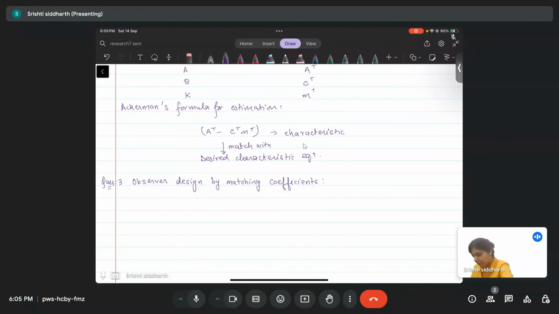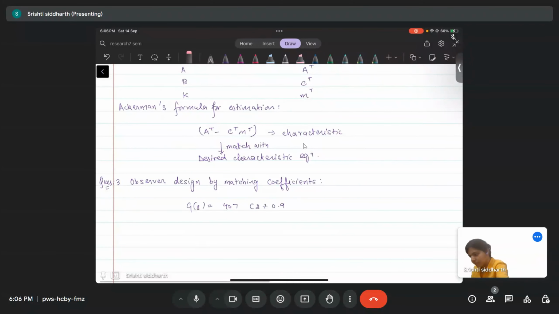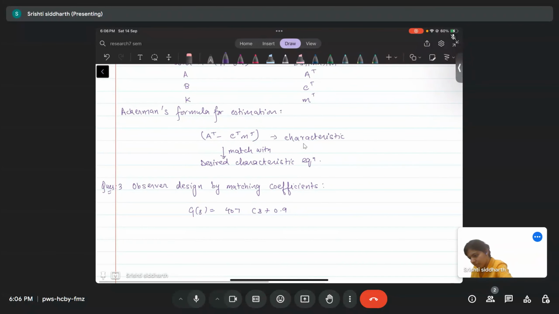So we have been given the transfer function G of S is 407 S plus 0.916 over S plus 1.27 and S plus 2.69.